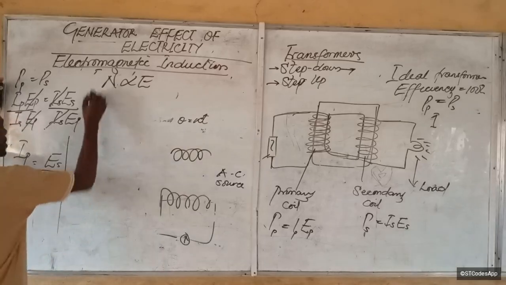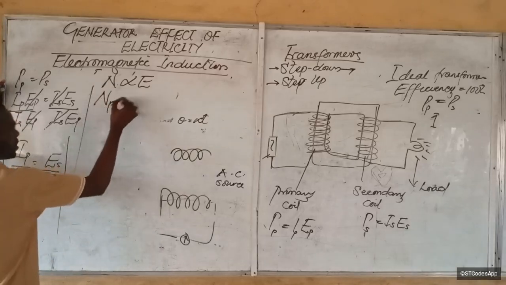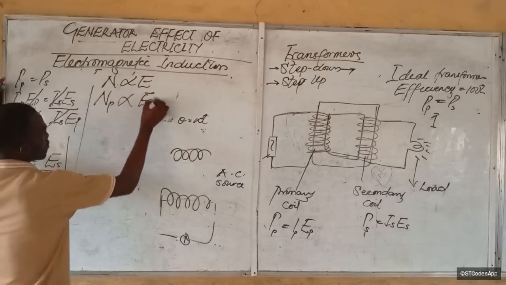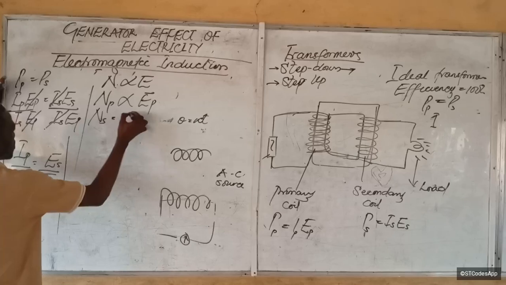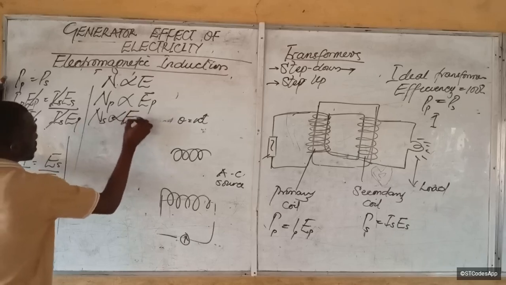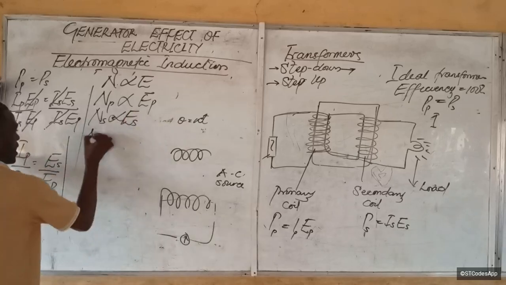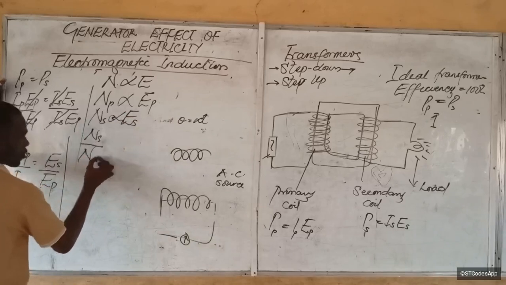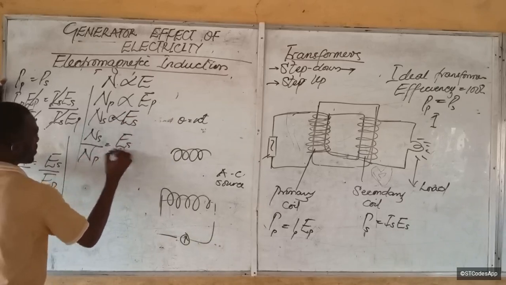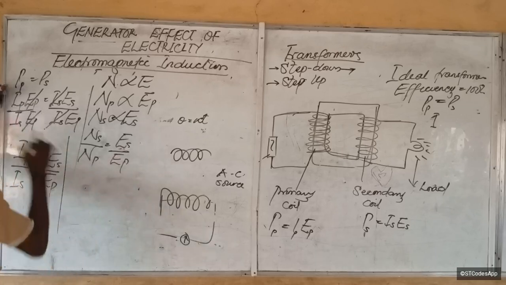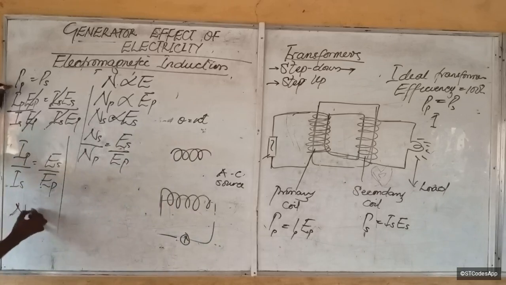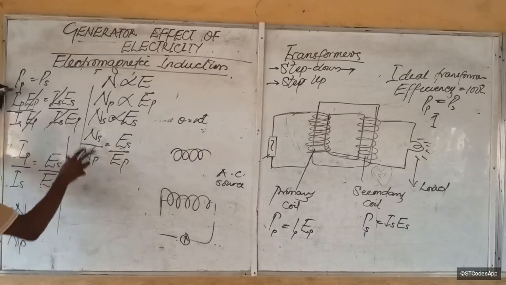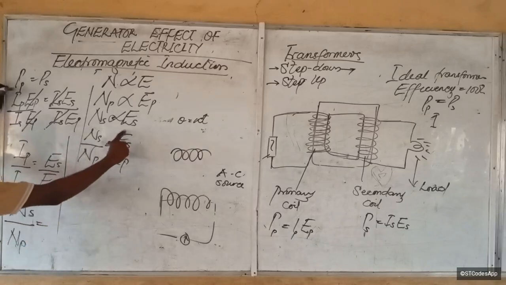Then we have that N_P is directly proportional to E_P, and N_S is directly proportional to E_S, so that N_S over N_P will equal E_S over E_P.